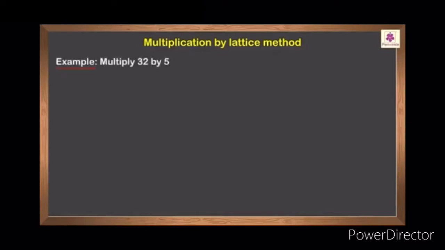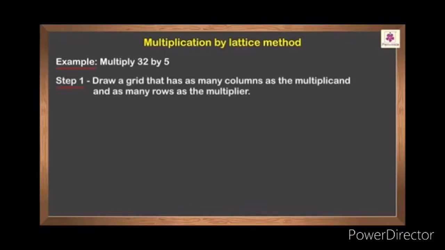Today, let us learn multiplication by lattice method. Study this example to learn to set up a lattice and multiply. Let us solve this example step by step for better understanding. Step 1.